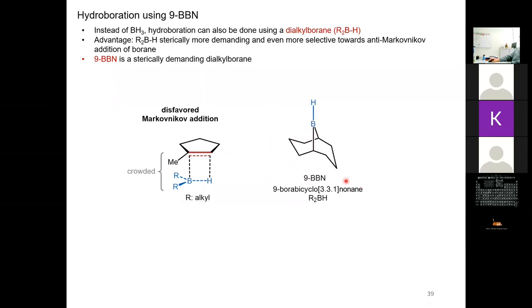So this interaction will be very unfavored because this big ring structure will clash with the methyl. 9-BBN is a frequently used hydroboration reagent in the lab because it gives very high regioselectivity. So the boron will be on the less crowded side very eagerly.